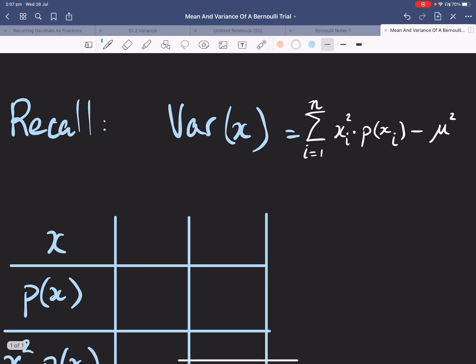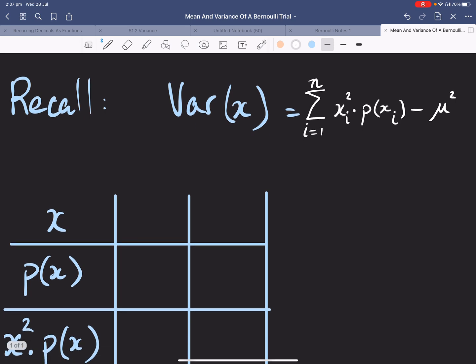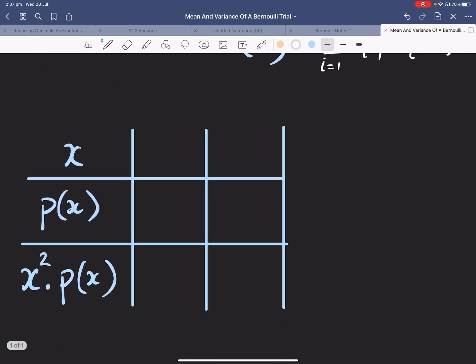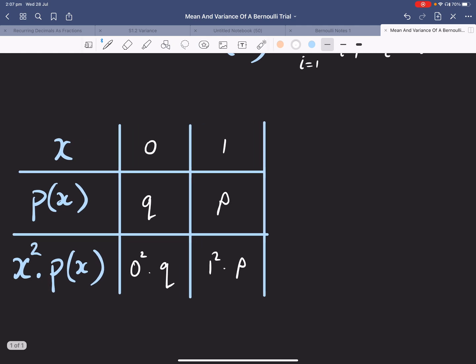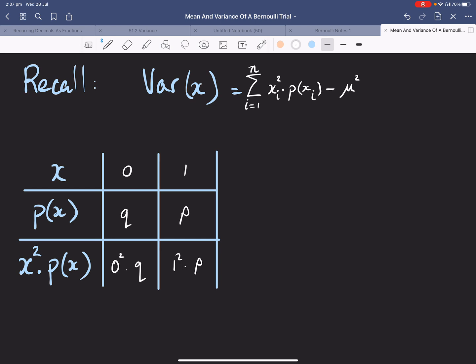And filling that out into this table, again assigning a failure a numerical value of 0 and a success a numerical value of 1, we could fill in our probabilities. And we could find the square of the scores times their probability: 0 squared times Q and 1 squared times P. So now we can have a look at the variance.